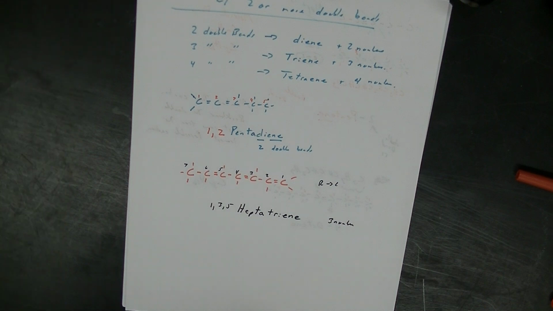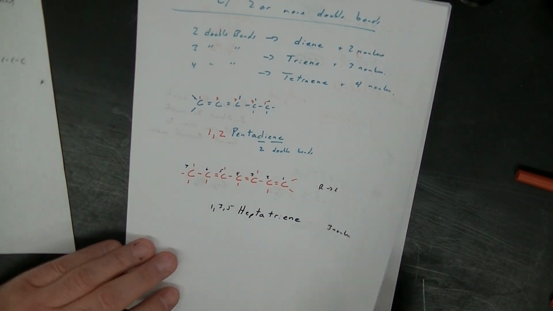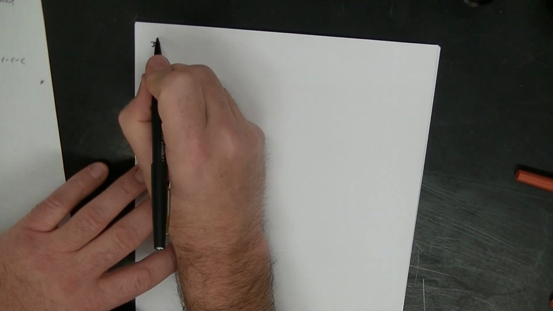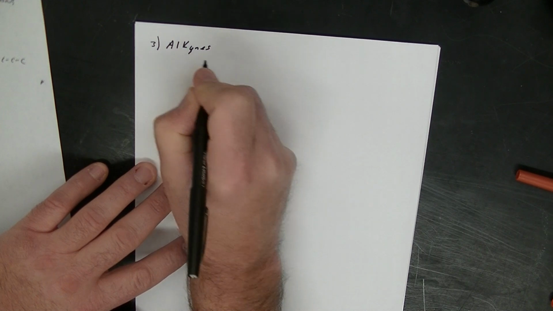Alright, so let's deal with our last homologous series, and then we'll call it a day. And now that we've done alkenes, the last series is just like this. And these are called the alkynes.